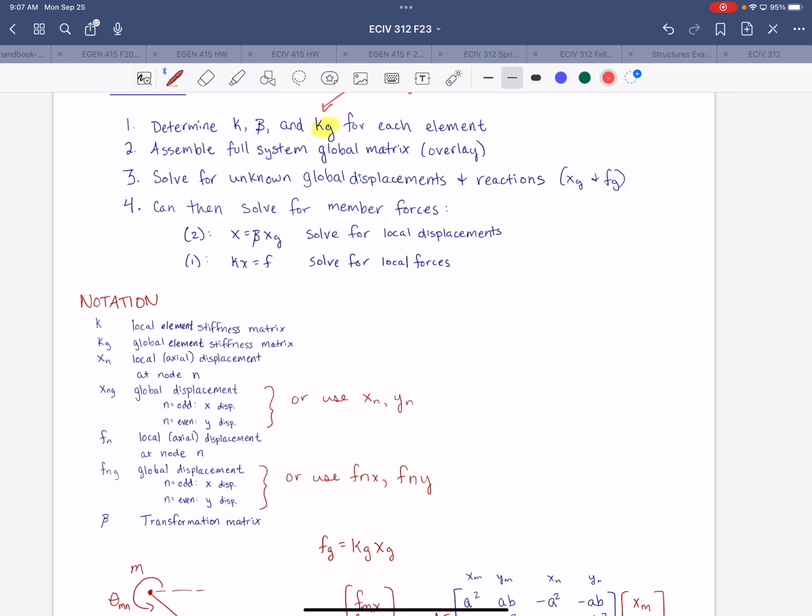All right, so these would be your solving for axial deformations. And this would be solving for the internal member forces.